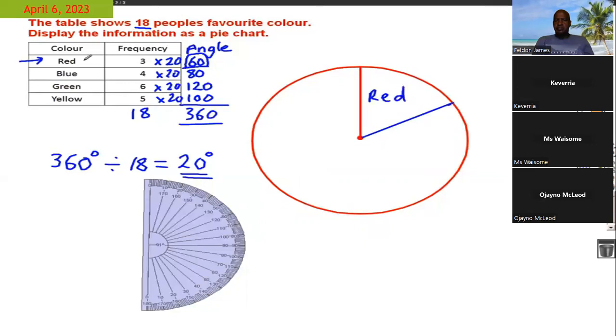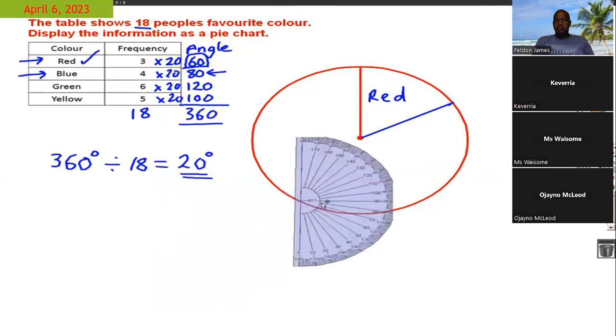The first section, so now we need to find the blue section. So the blue section and so we can do that, okay?